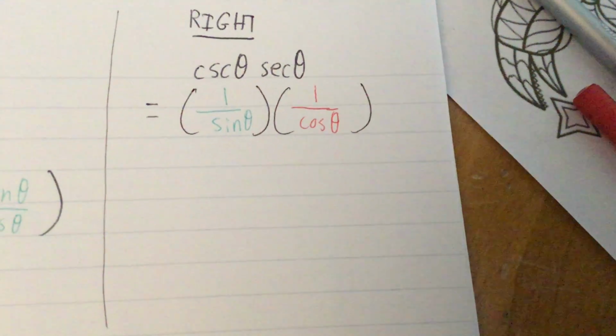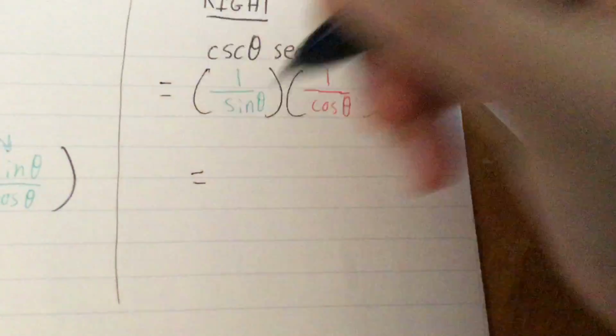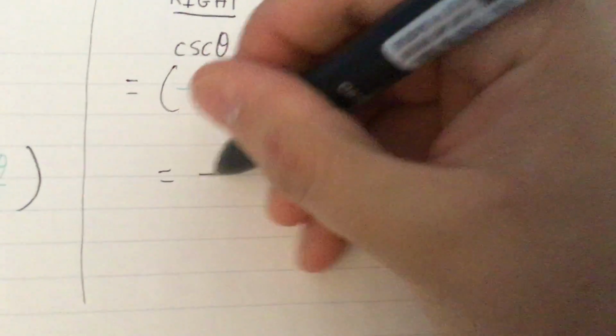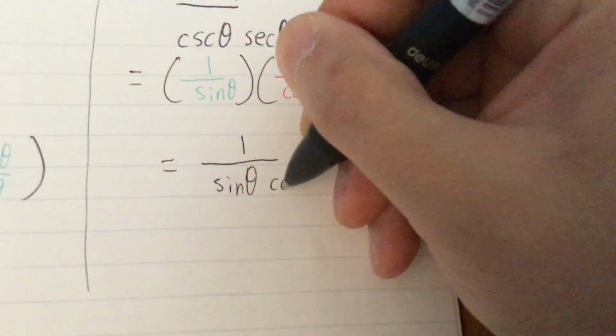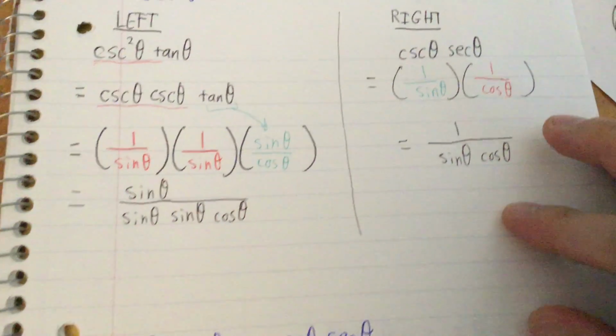So I'm just going to multiply across and get 1 times 1 is 1. Sine times cosine, well, I can't really do anything about that. That's sine cosine. Okay, now I'm going to check back in with the left side.